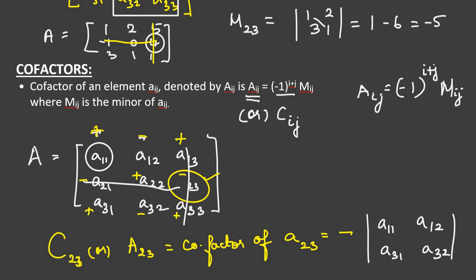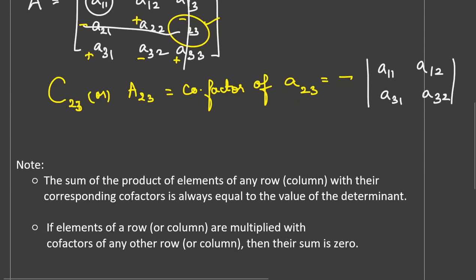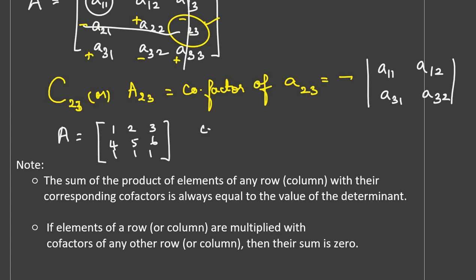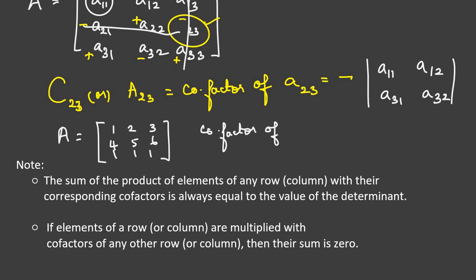For example, we can see one example here. We take matrix A equal to 1, 2, 3, 4, 5, 6, 1, 1, 1. I want the cofactor of 4. What is the sign it takes?